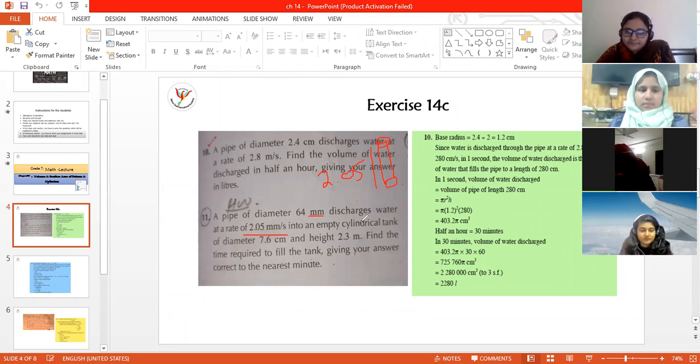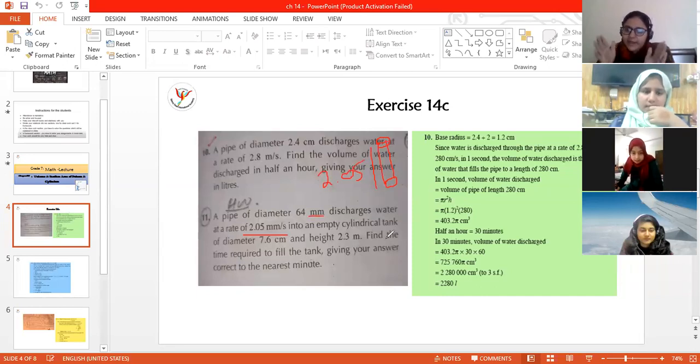Now he is saying discharge water into an empty cylindrical tank. Whatever the water in the pipe, for example, if you are in your lawn or in your garden, you are giving water to the flowers, right?